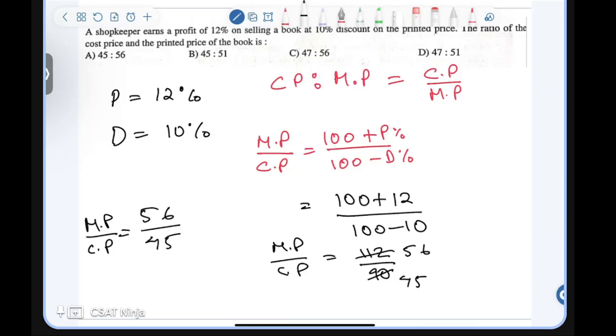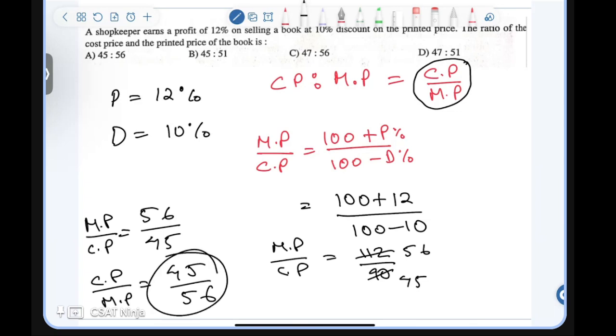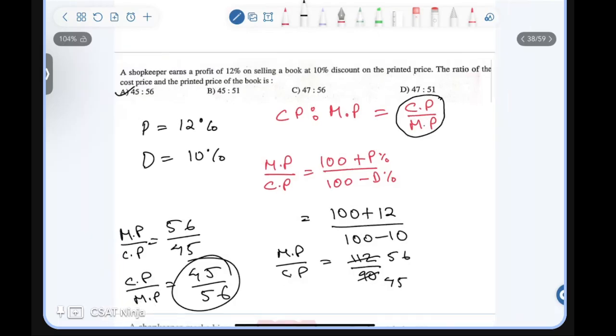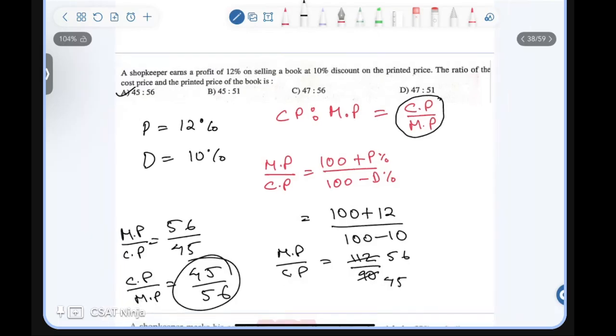But remember, we are asked to find cost price by mark price, that means the reciprocal. If I flip this, cost price by mark price is 45 divided by 56, which is the answer. Clear with this? This type of question NPSC repeats a lot.